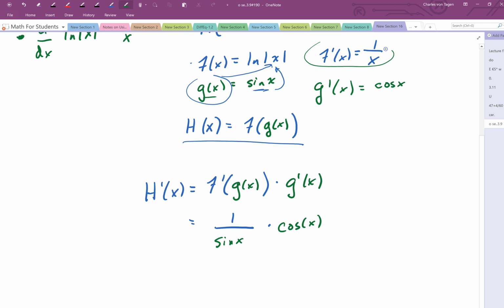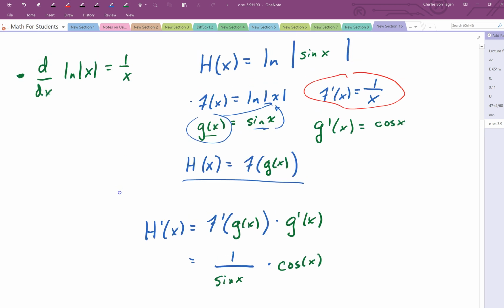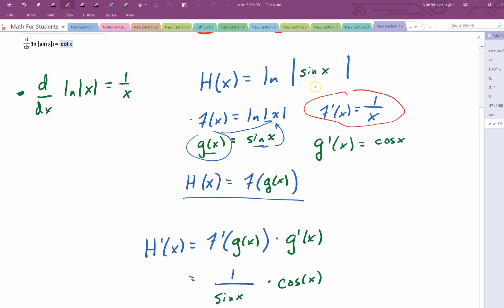Here we had, let me change color. Here we had f of x. Its derivative was 1 over x. That is, the derivative of the natural log of the absolute value of an expression will just be 1 over whatever that expression is. So here we go. For our original function, we had the natural log of the absolute value of an expression.